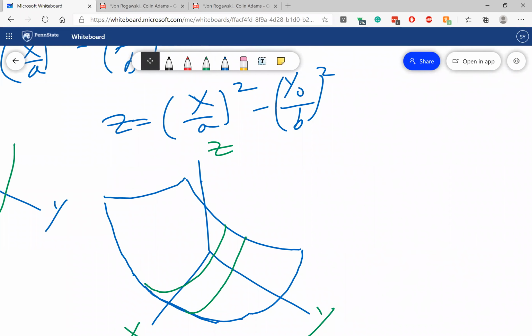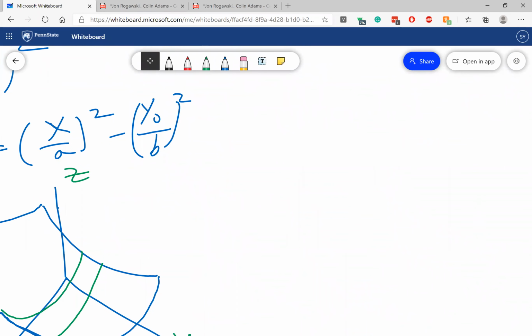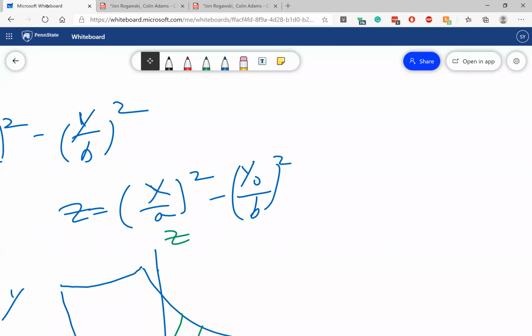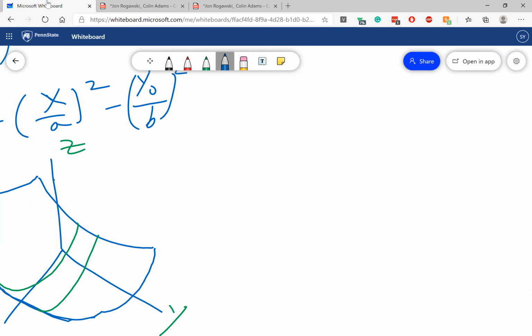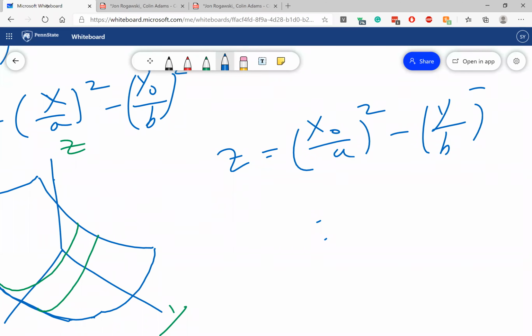Now, if we set our x to be a constant, then we have z is equal to x0 squared over a squared minus y squared over b squared, and this is also a parabola. Now the interception is getting bigger, but my parabola is negative.